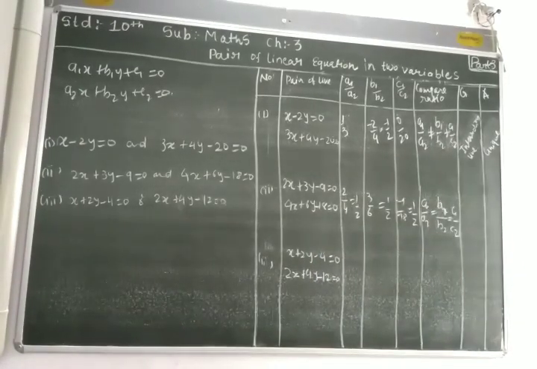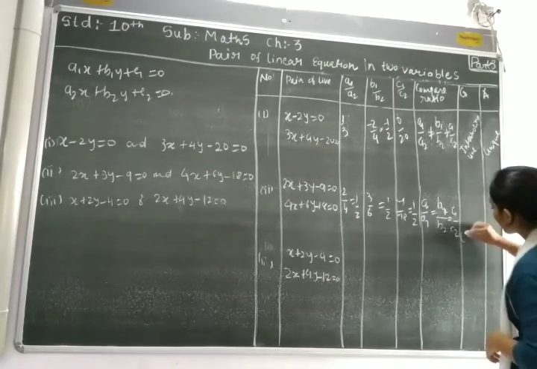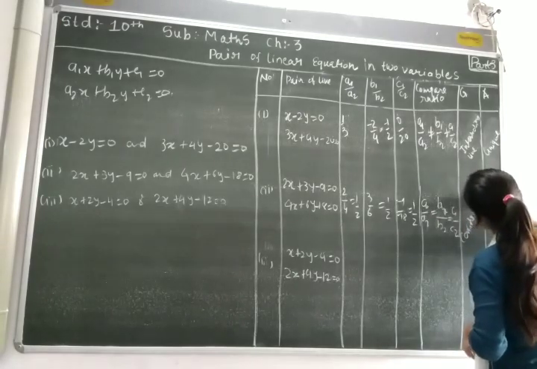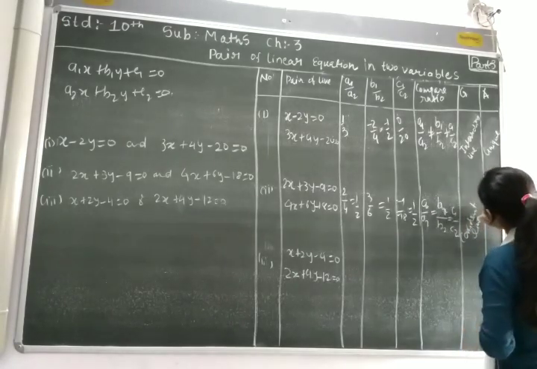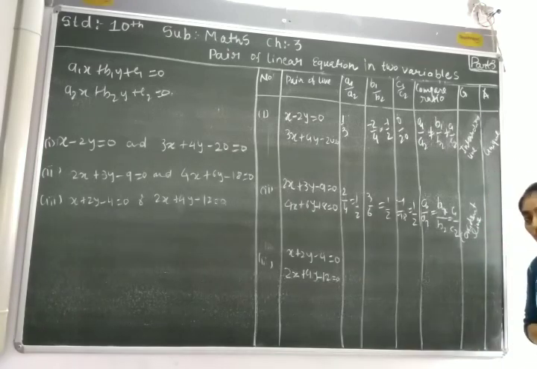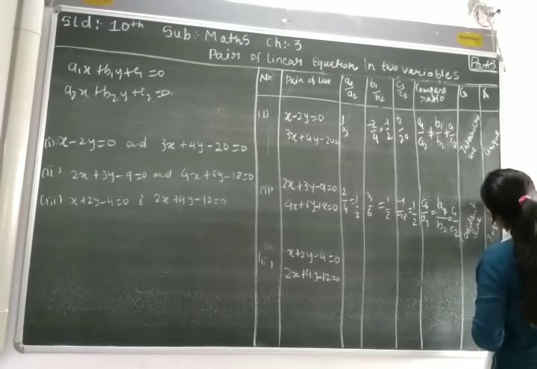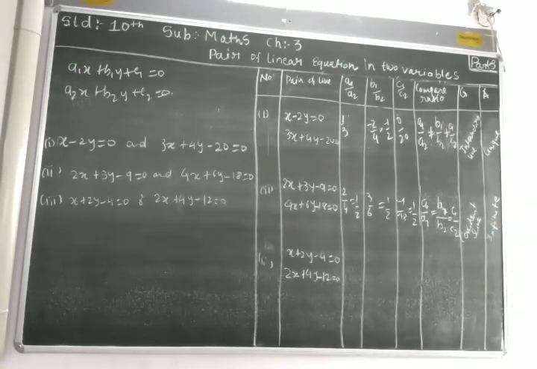So when I found ratios are all the same, it means both lines are my coincident line. It means how many solutions for coincident line? Infinite solutions. Okay. Now the third one.